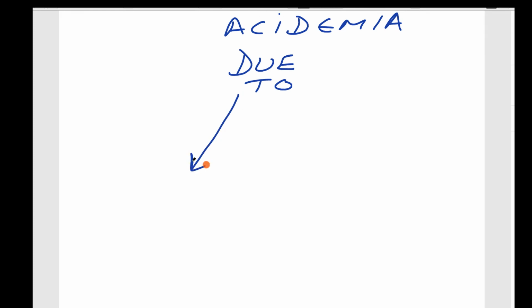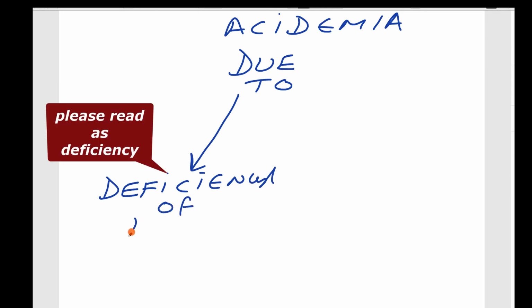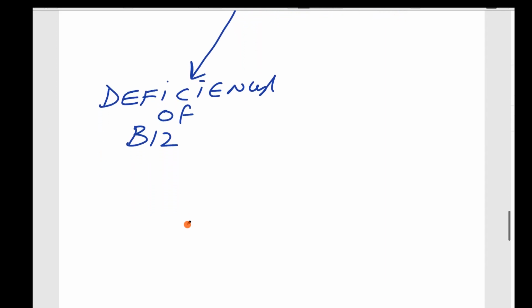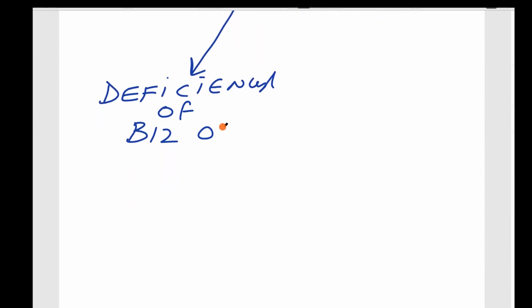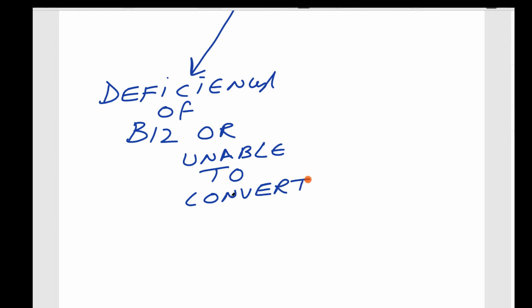One is deficiency of B12, which is required in the mutase reaction, or being unable, even though B12 is supplied, to convert it into the coenzyme. B12 cannot be converted into the coenzyme.